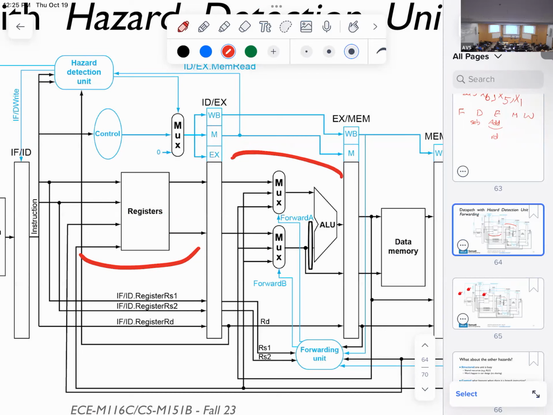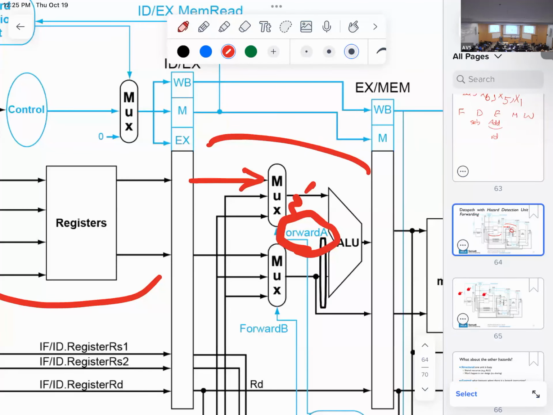In that case, we are going to issue the forwarding in the next cycle, which means that this RS would have been the normal RS, but instead we're going to say that forward A should equal 1 or 2, which means that the number that we're going to select here is now coming from this value instead of this value, okay?